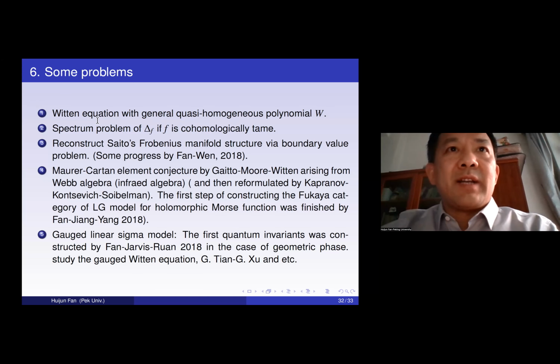This has not been done before, but this system is very interesting because it's a nonlinear Cauchy-Riemann equation defined on the Riemann surface. It absolutely deserves further research from the point of view of analysis.